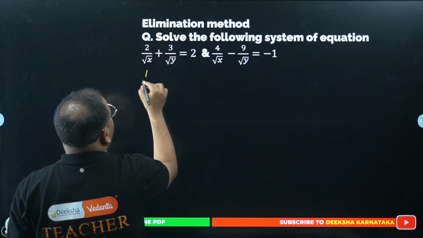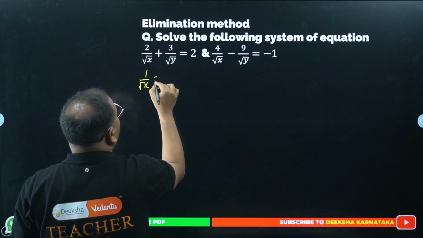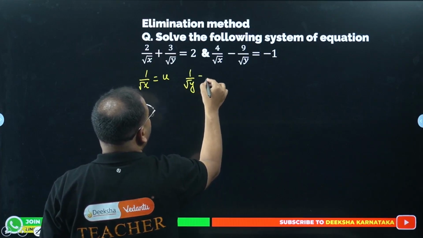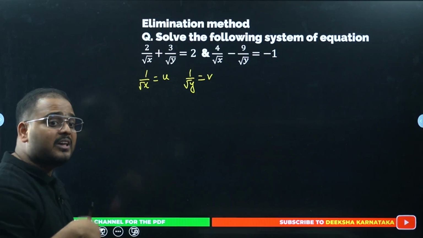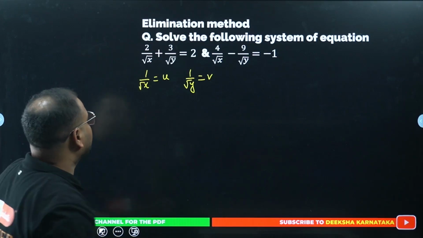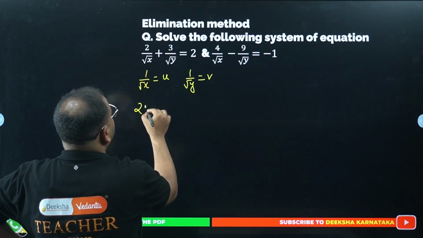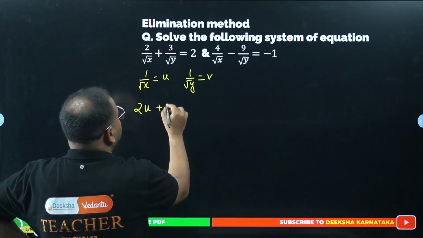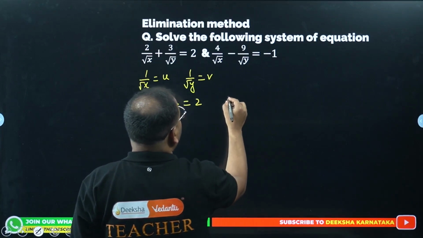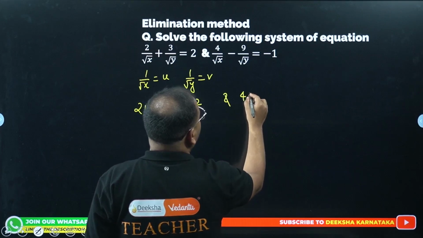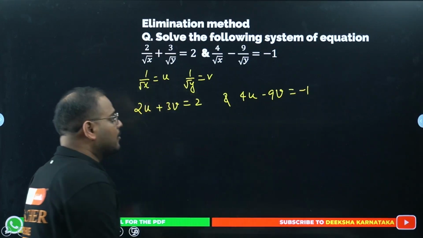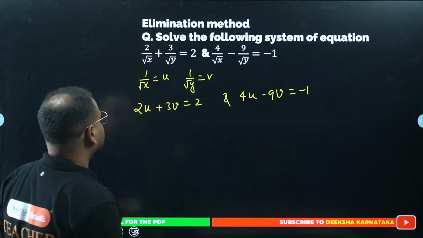We can take 1 by root x as u and 1 by root y as v. Now rewrite both equations in the variables u and v. First equation will be 2u plus 3v equals 2. Second equation will become 4u minus 9v equals minus 1.